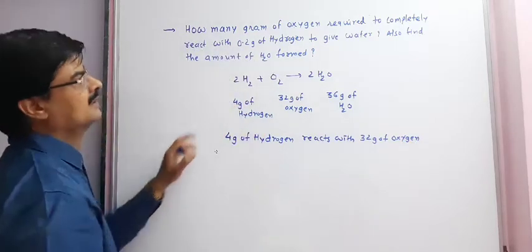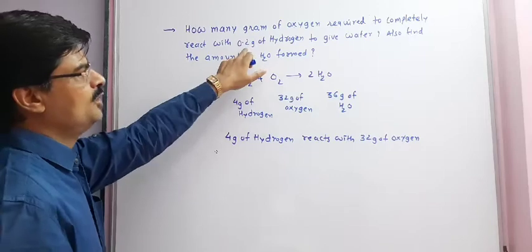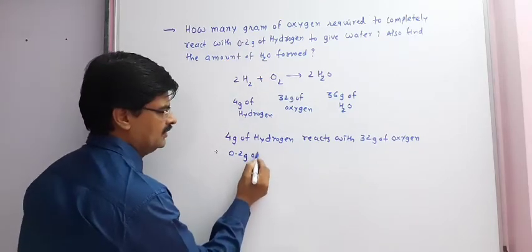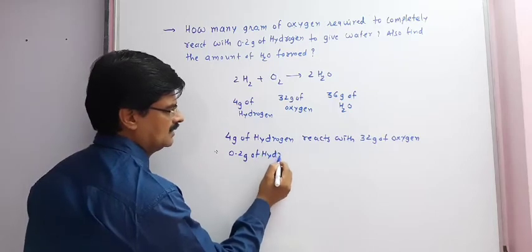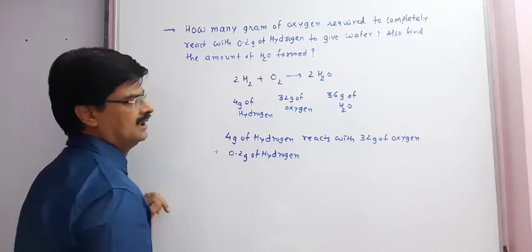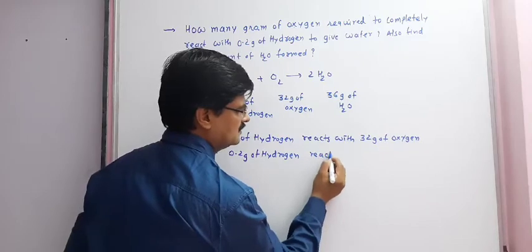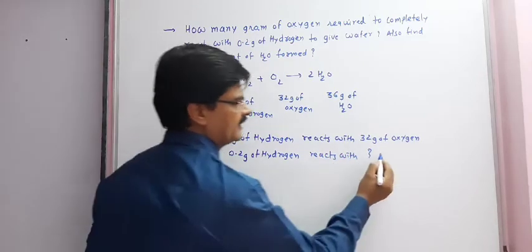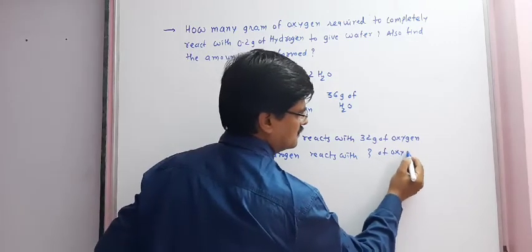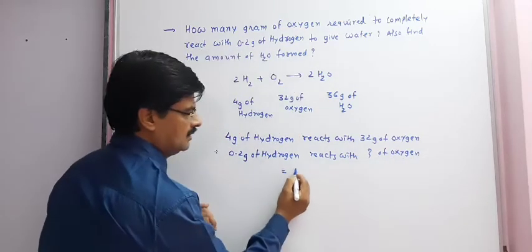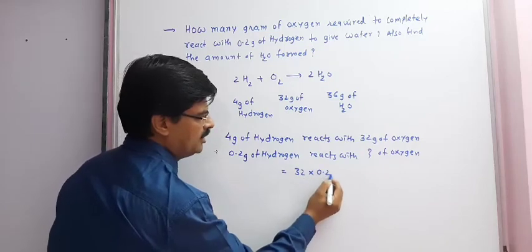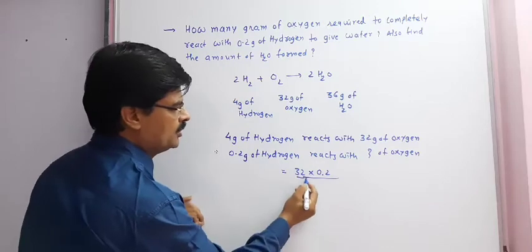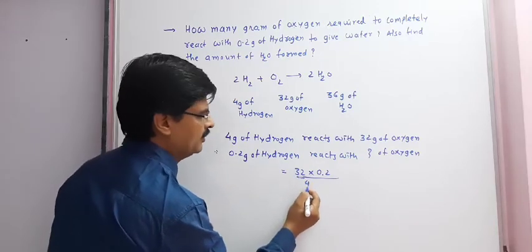Therefore, 0.2 gram of hydrogen reacts with what amount of oxygen? 32 into 0.2 divided by 4.